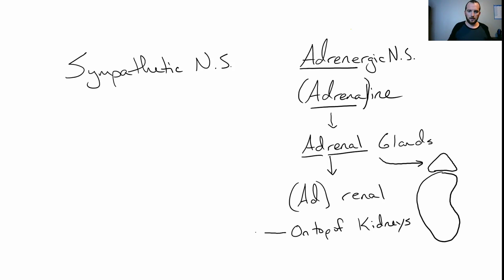Another way of saying on top of the kidneys is epi, which is on top of, or outside of, or around, and then the nephrons.